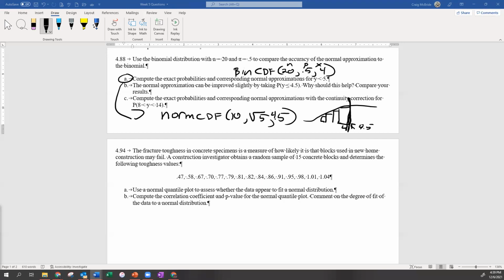So you would basically say that it was bad if it was significant. If your p-value was really, really small, that would make you think that it's not necessarily normal, that it doesn't come from a normal distribution, because that's what a quantile plot does: it tells us whether or not the parent population is approximately normally distributed.